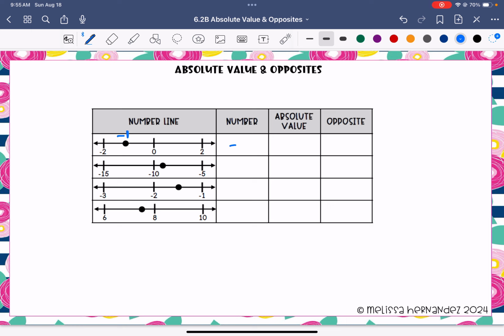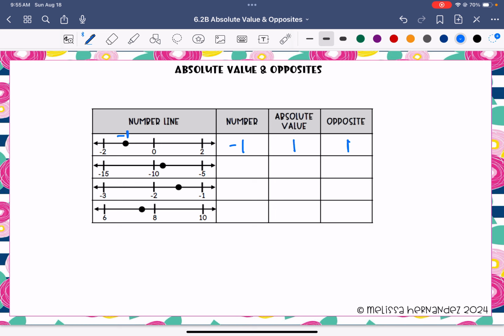So our answer is -1 for the number. The absolute value is how far is this to 0? Okay, and this is why teachers will say it's always positive, because distance is not negative. It would be 1. And what is the opposite of -1? +1.